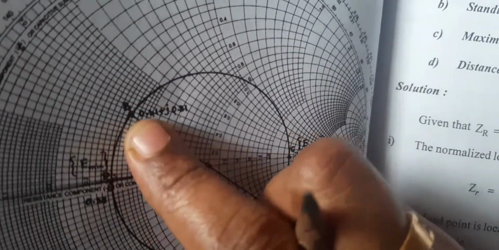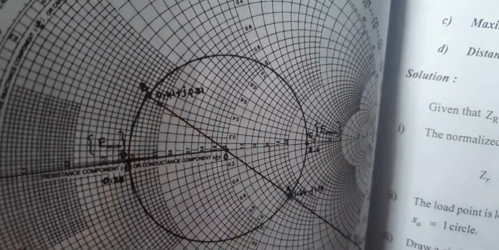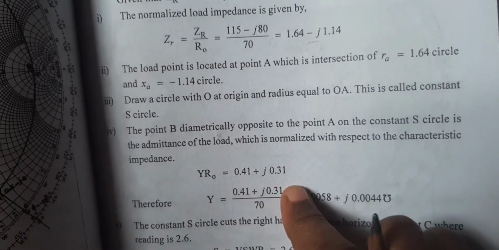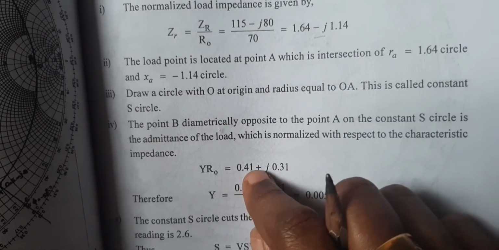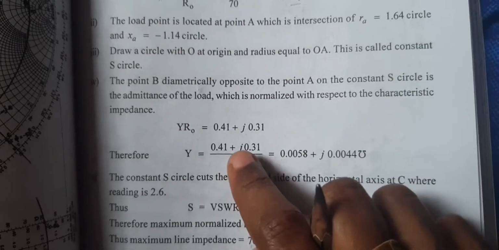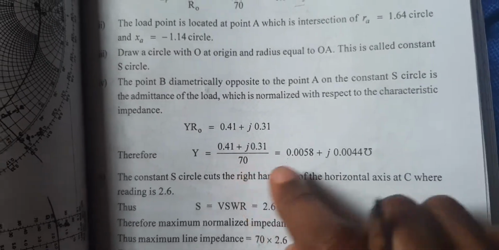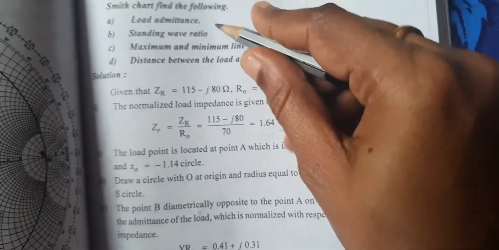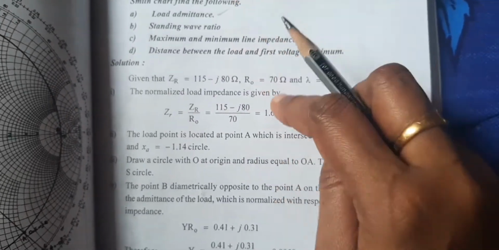Extend this line, so you get 0.41 plus j0.31. Now, in order to get the load admittance, note that in the Smith chart we get only the normalized value. You need the load admittance value, so you divide by R0. So what is the R0 value? 70. So you get the load admittance value. So you get the first parameter, admittance. Can you understand? So how will you find impedance?